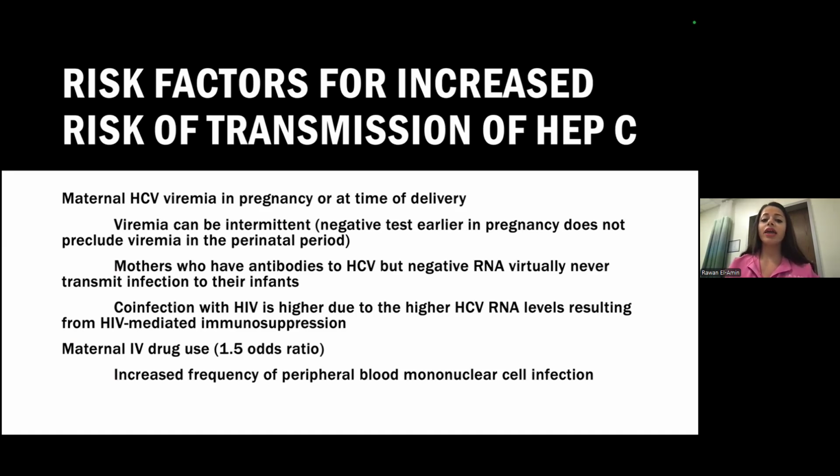If they do have antibodies to HCV, but negative viral loads, they virtually cannot transmit to their infants. So that's important for us clinicians to be aware of. And if they are co-infected with HIV, they're at much higher risk of having higher RNA levels just because of their immunosuppression due to HIV. If they are using IV drugs, then they're 1.5 times more likely to transmit.